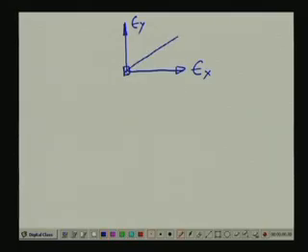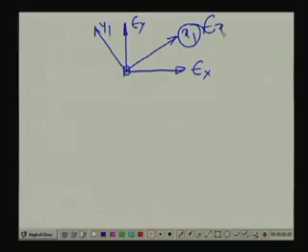Here, the strains referred to the rectangular axis system are epsilon x and epsilon y. Now, if we try to find the strain at this point at a different orientation of the axis, let us call this x1 y1, then the strains epsilon x1 and epsilon y1 will be different from epsilon x and epsilon y.